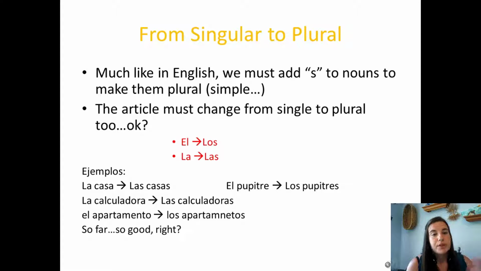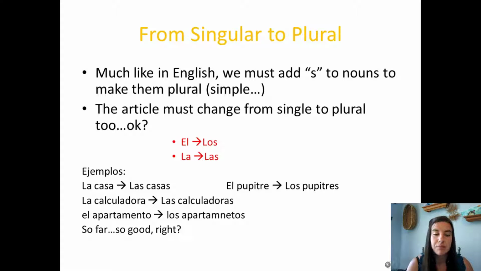So, also, nouns in Spanish can be singular when you're talking about just one, or plural. And this is just a simple explanation of how to make nouns from singular to plural. You just add an S most of the time. But also, like I was just explaining, the article needs to change from singular to plural. So el becomes los and la becomes las when your noun becomes plural.